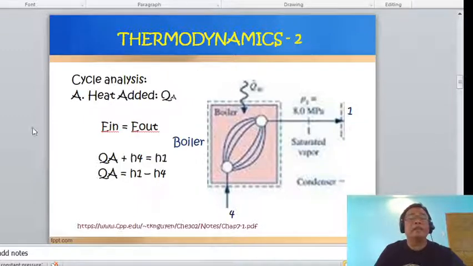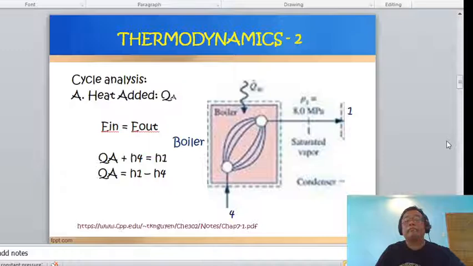So h sub 1, at 1. So in order to determine the heat added, of course, we are only going to determine the change in enthalpy, or the difference between the enthalpy at point 1 and the enthalpy at point 4. Okay? So that is, class, the heat added. Okay? So I think it is very clear.